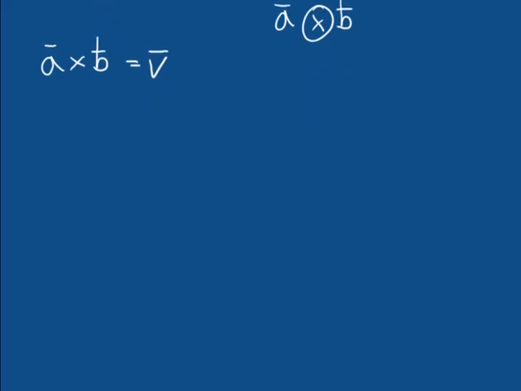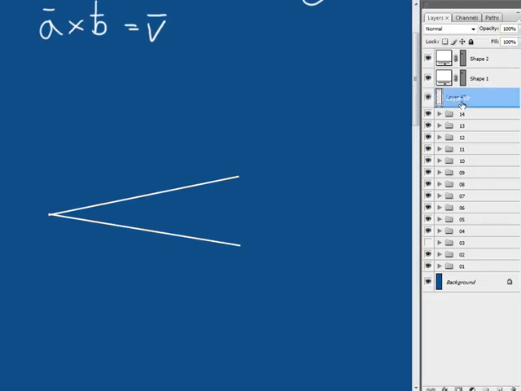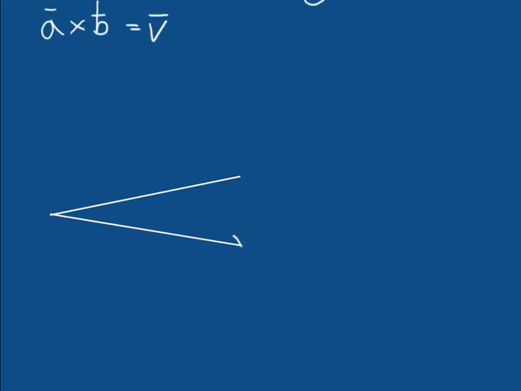So if I was to draw vectors A and B on our whiteboard, I'm going to use lines just to keep this as neat as possible. Fantastic. So if this was vector A and this was vector B, and they're floating around in 3D space, we can find a vector n hat.